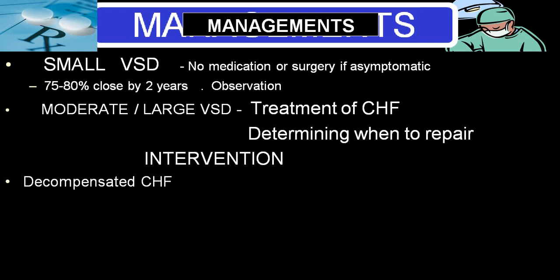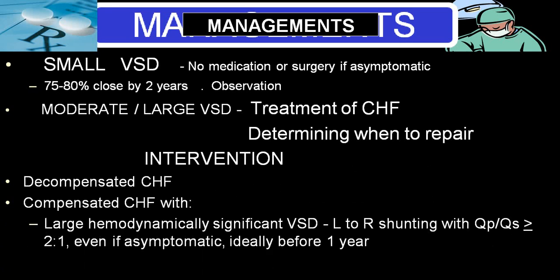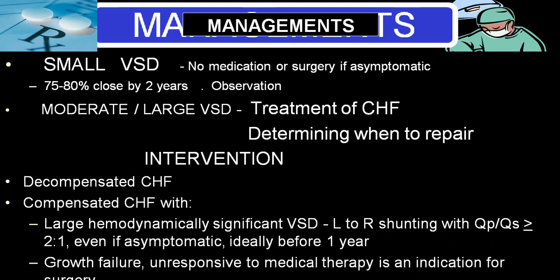Intervention can be there. If there is a decompensated congestive heart failure, treatment of congestive heart failure with intervention. You can have a compensated congestive heart failure, and in that condition, depending upon the pressure gradient, etc., you can decide when to do a surgery. So if there is a failure of medical therapy, you will have to go for a surgery at an early stage.